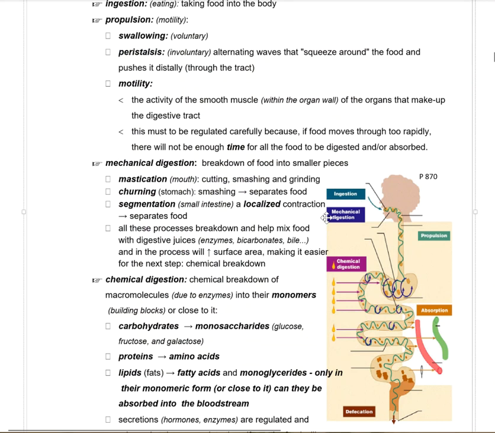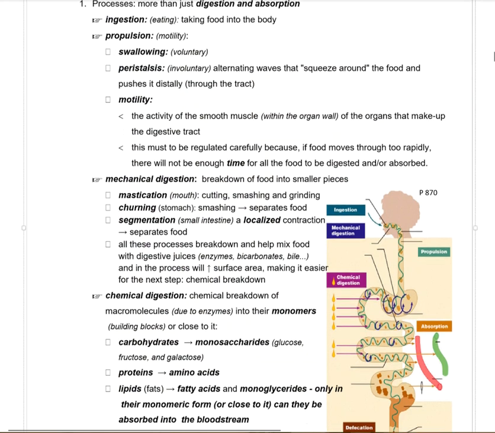So the first one here is ingestion, or eating. I think most of us understand that one pretty well, taking food into the body. No trouble there. And then the second one is a set of different things, but the overall word is propulsion, which is motility or movement of food. Now, there are two main ways that we move food.